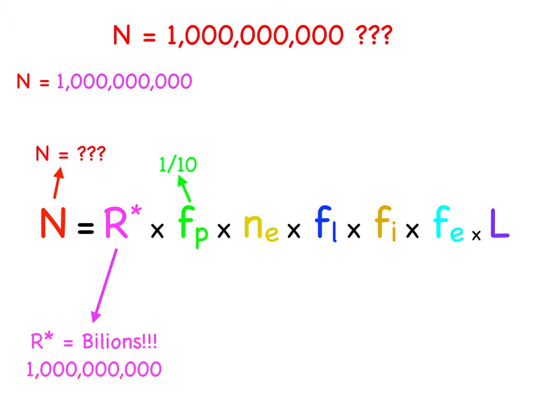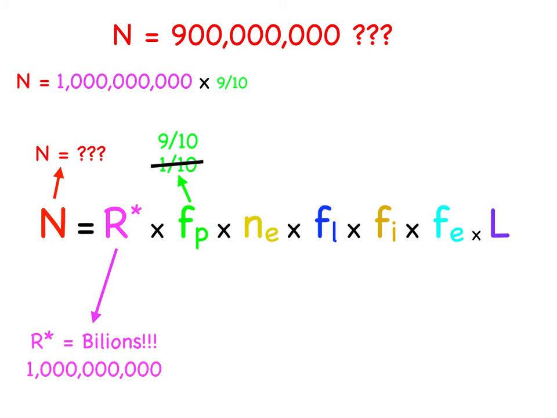And therefore we can put Fp to something more like 9 over 10. Or greater in fact. So plugging 9 over 10 into our formula brings it from 1 billion to about 900 million.